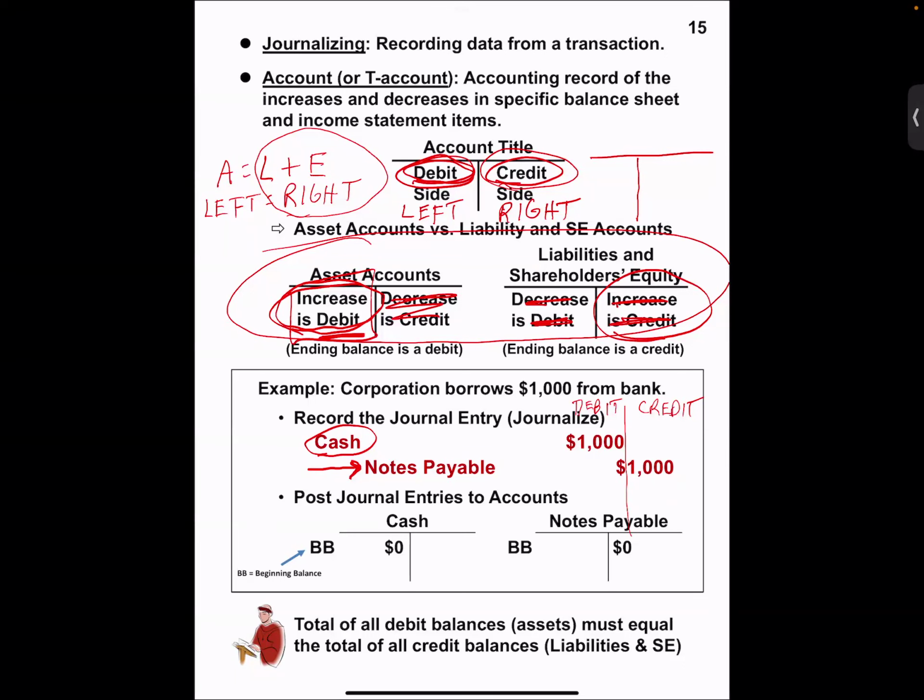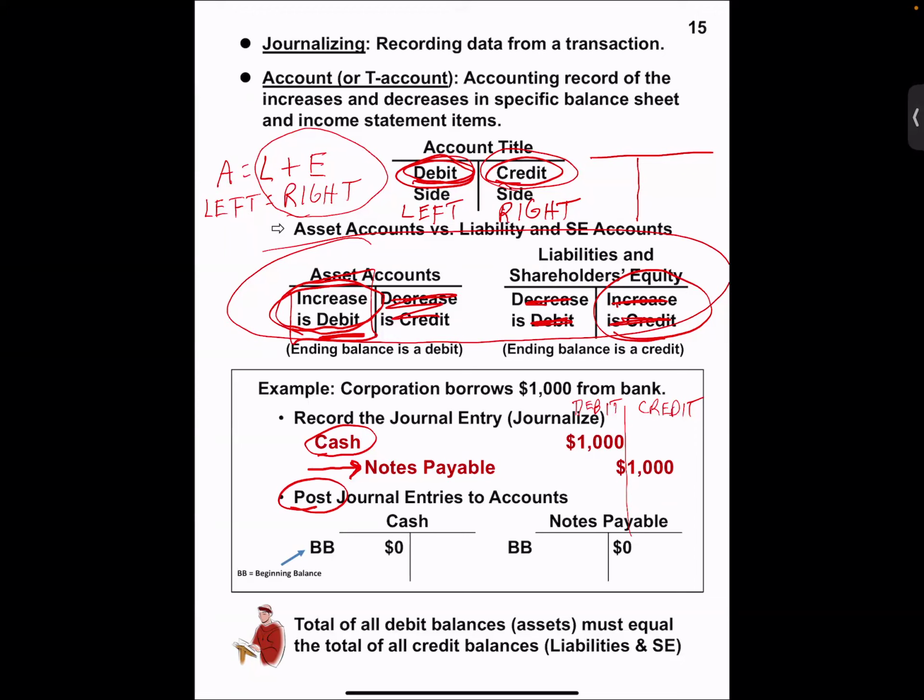So what we need is a way to essentially copy. We record a journal entry in the journal, and then later on we need to essentially copy, or the language we use is post, that journal entry to the ledger. Think of the ledger, for our purposes, as those T accounts that we've been working with previously. So here we started, it's a brand new business.